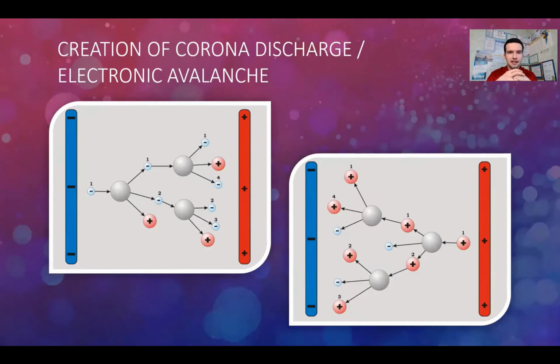What happens next? These electrons, just because they're flying very fast, collide with the air molecules. And as you can see on these two schemes, after this collision, the electron continues its flight, but it takes out one electron from the molecule, and one proton from the molecule, that fly further away.